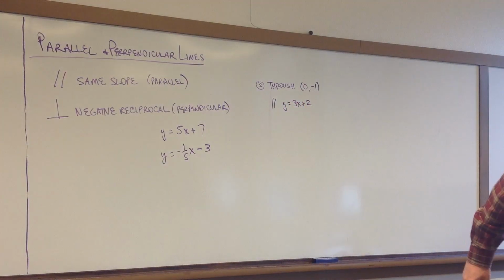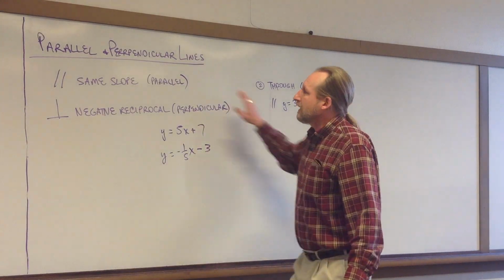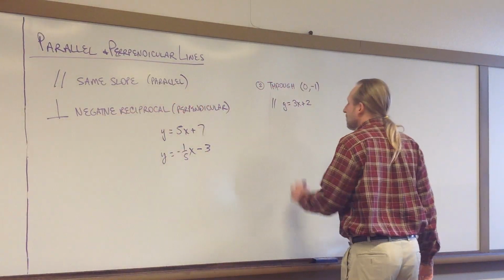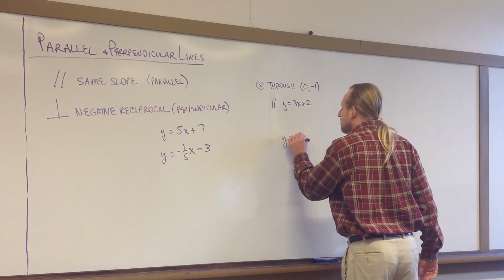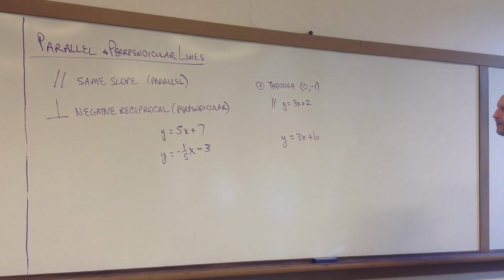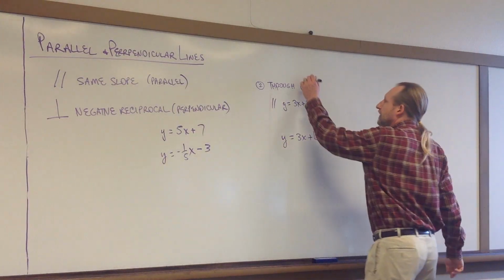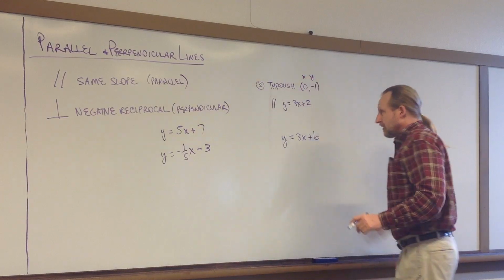Right away, since we're looking for a parallel line, it's going to have the same slope, so it's going to be in the form y equals 3x plus something. We don't know what the y-intercept is. To find the y-intercept, we plug in the x and y values that we know.